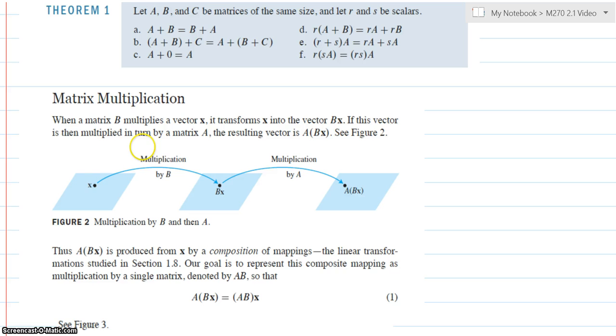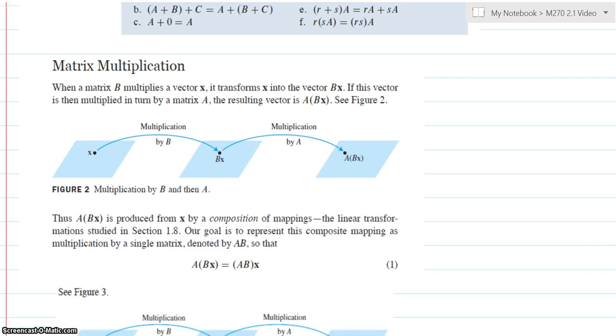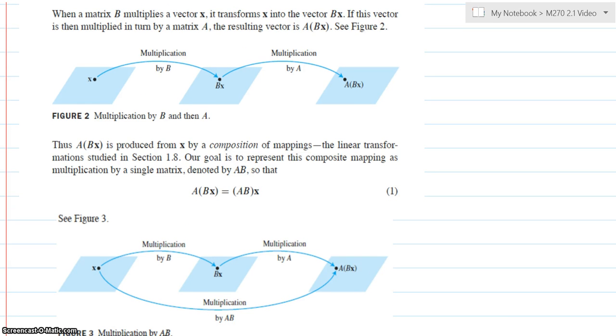If this vector is again multiplied by A, we end up with the vector A(Bx), and by composition, if we look at the next figure, another way to go is to go straight there, and that would be ABx.